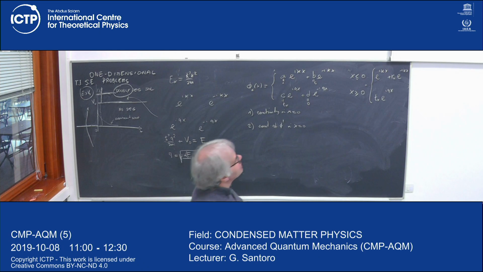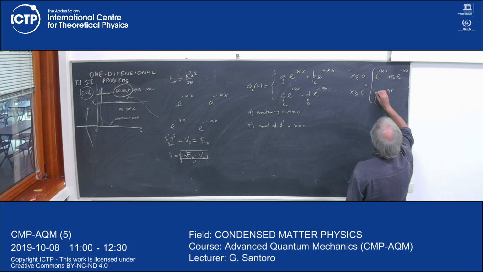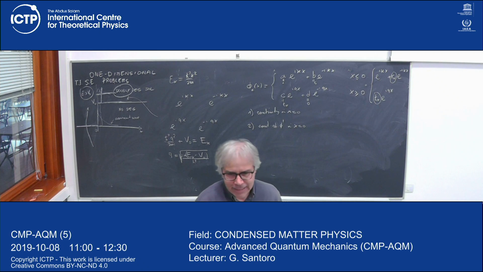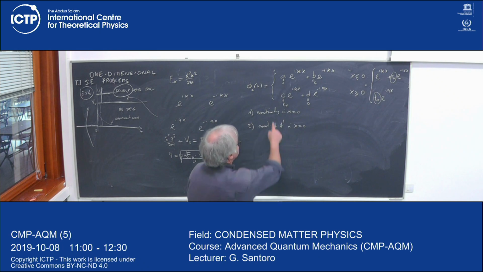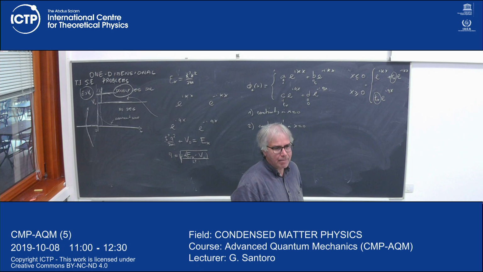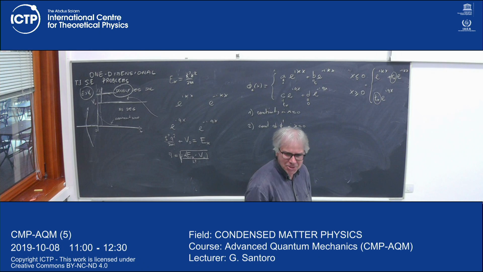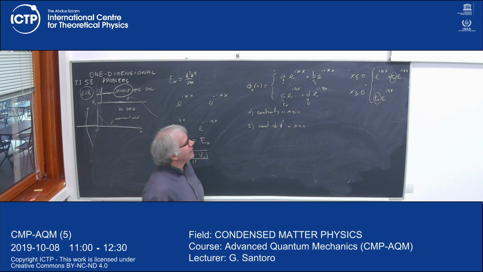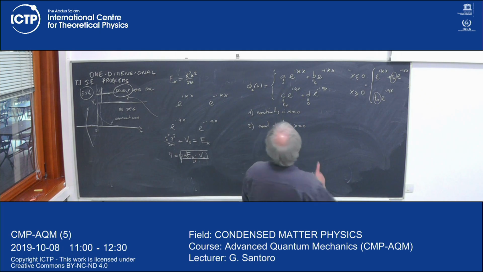Okay? Now let's look. Now I have two unknowns, a reflection and a transmission, and two conditions. So you agree with me that I will be able to solve it. But you might say, yes, but where did you hide, as you were saying, the other solution? Well, the argument is as follows.